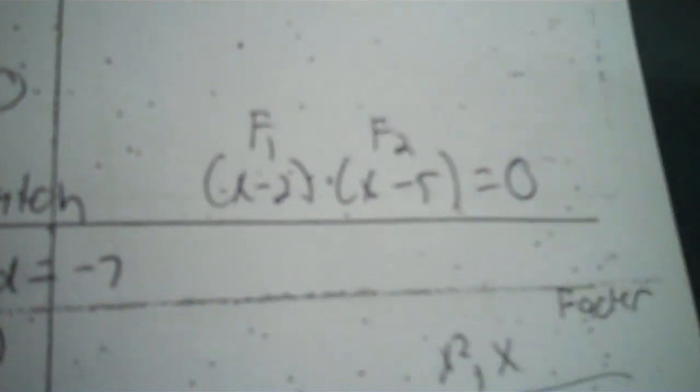F1, F2. Now you apply the zero product rule. x minus 2 equals 0, x minus 5 equals 0. Plus 2, x equals 2. Plus 5, x would equal 5. 2 and 5.